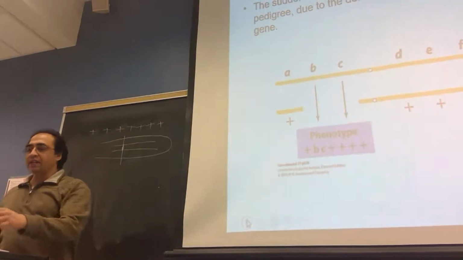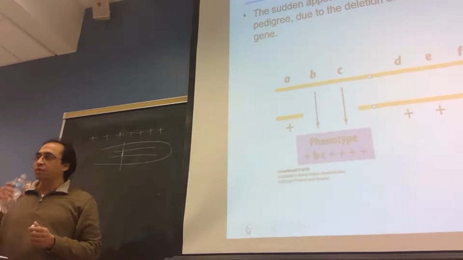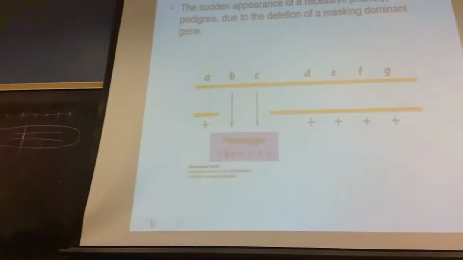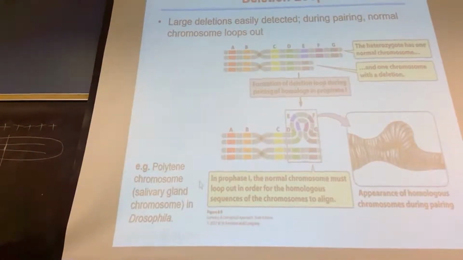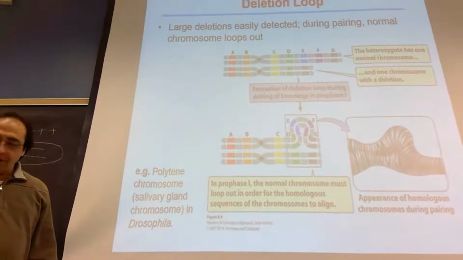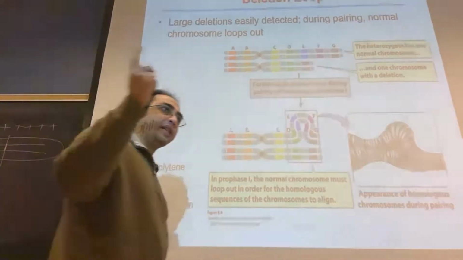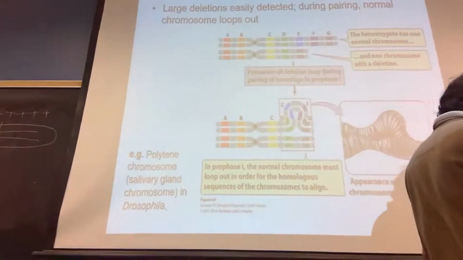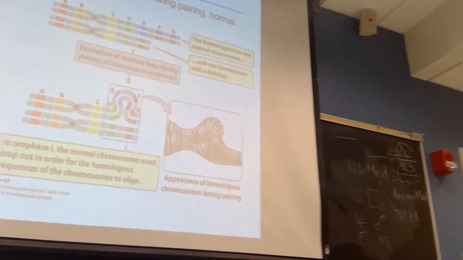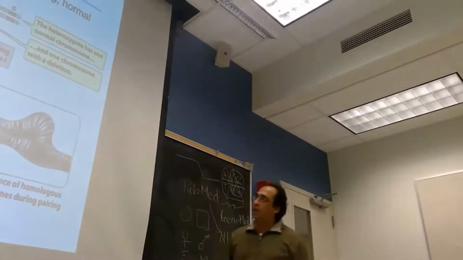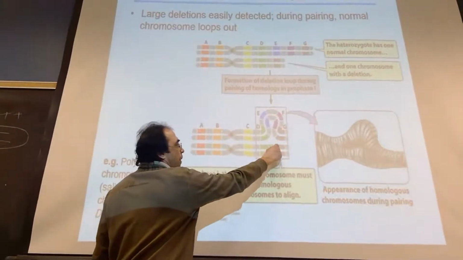And that is always for deletion of that part in the chromosome. Again, the formation of loops. When there is a deletion, just like a duplication, in the other homolog there is the extra copy of the part which is deleted here. Here the EF part is missing.